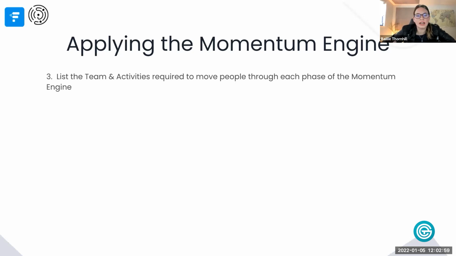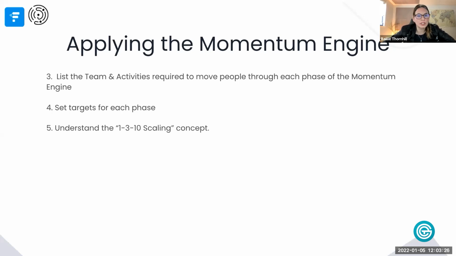So you're going to list out who's going to be involved in bringing these different sections to life, and what are the activities or assets or resources required to move people through each stage of this system. Then you're going to set targets for each of these phases. So how many subscribers do I want? How many lead conversions do I want? How many attendees to the webinar do I want, etc.